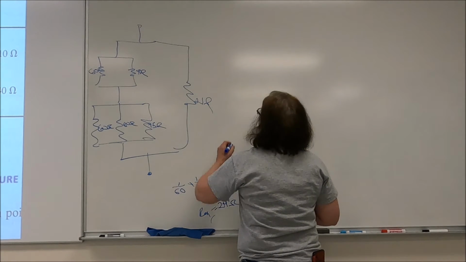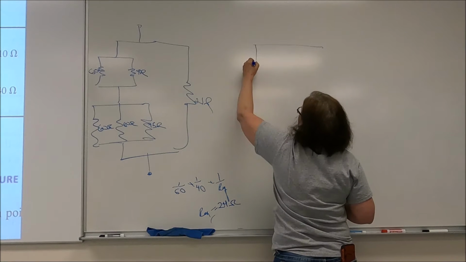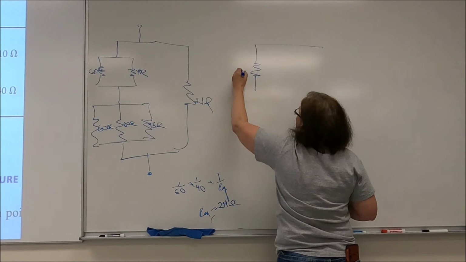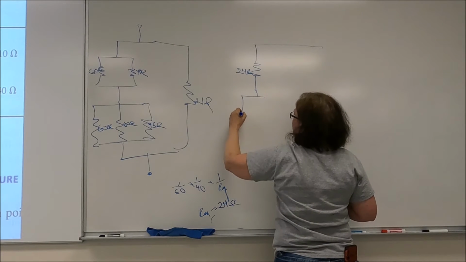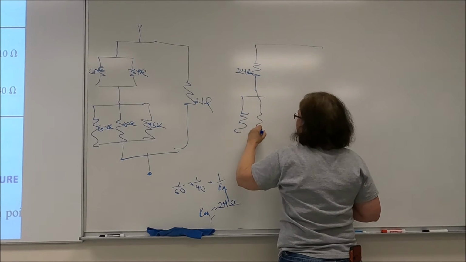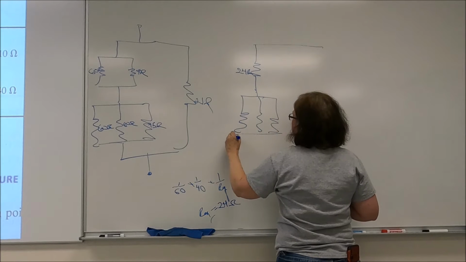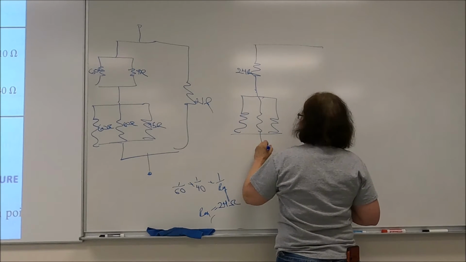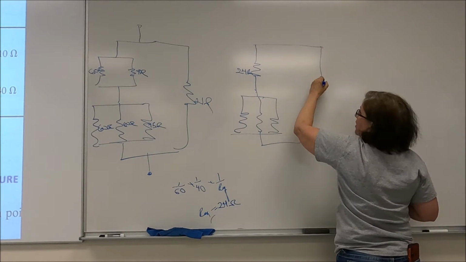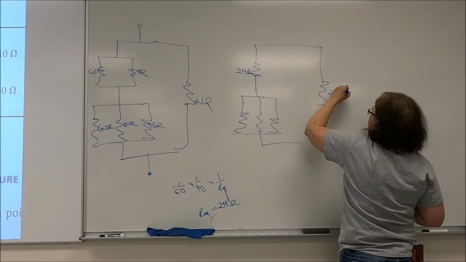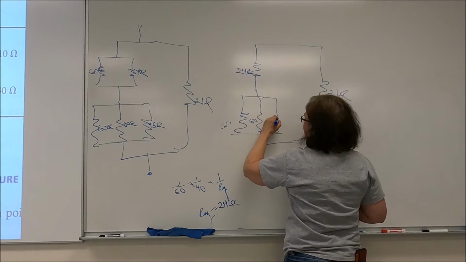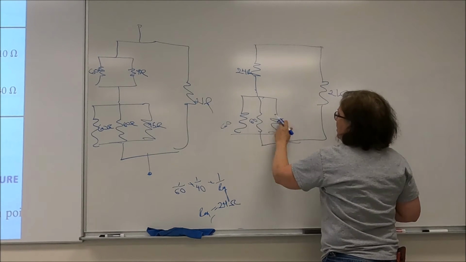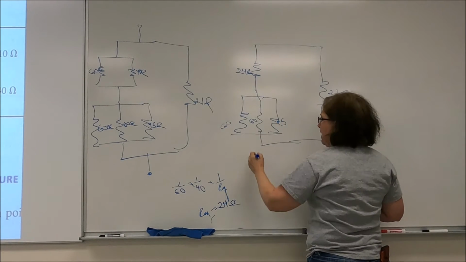24 ohms. So if I start reducing this, I now have a 24 ohm resistor here. And I still have 60, 60, 45. Now I'm going to get the equivalent for these.